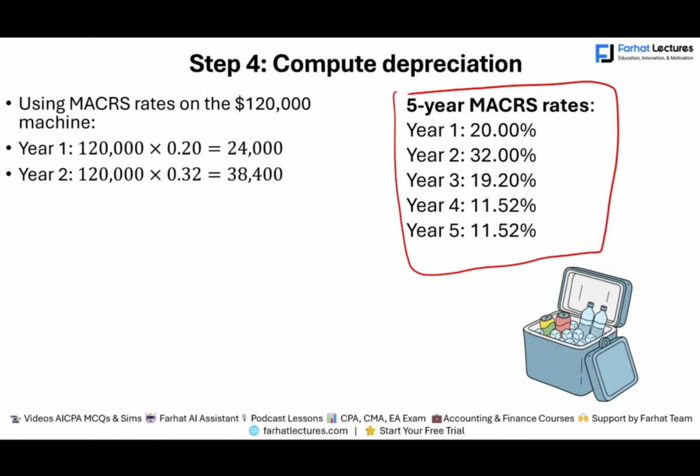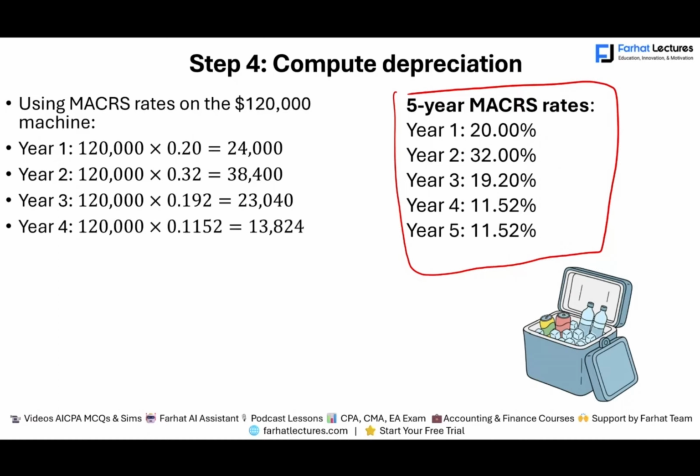Year 3, 19.2%, $23,040. Year 4, 11.52%, $13,824. And year 5, 11.52%, which will give us depreciation of $13,824. Again, in your textbook, in your CPA course, they might say take this 120 and divide it by 5 or 6 or 4 to make it easy, but this is the actual tax depreciation.